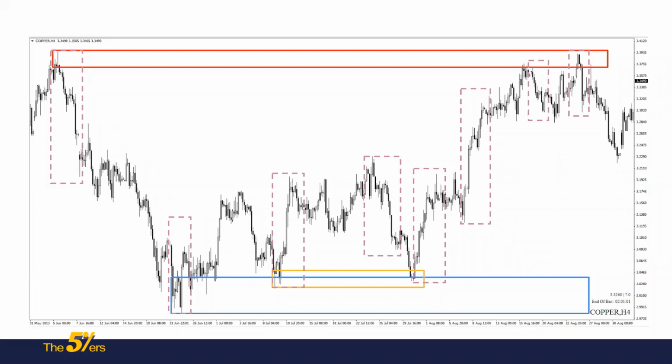A reaction will happen. Another thing about reversals: a lot of traders are trying to anticipate and forecast reversals.